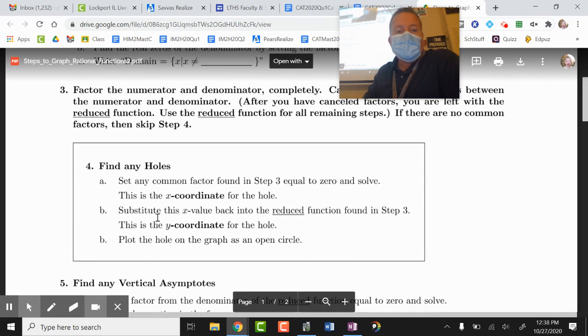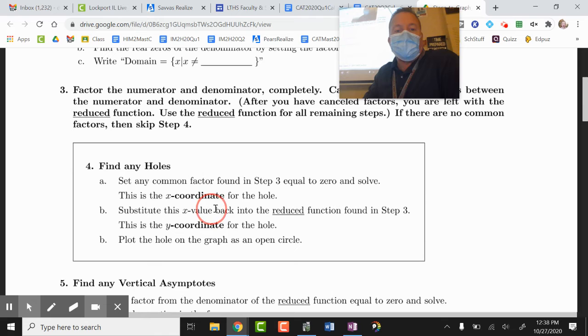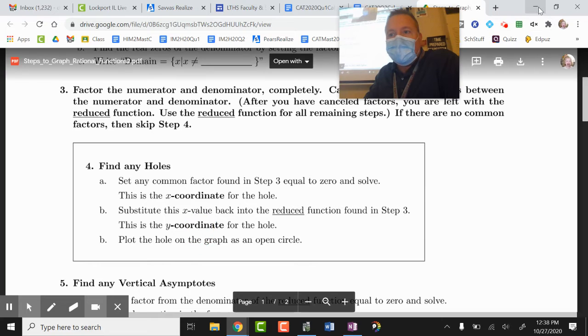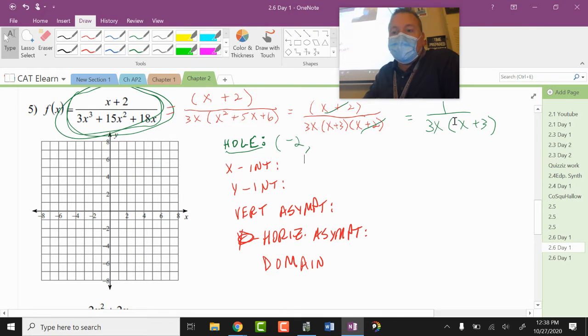Finding any holes? Substitute the value back into the reduced function in order to find the y coordinate of the hole. See, -2 comma exists for this graph, but it can't exist for this one. So that's why we're going to find it, but then make it a hole in this graph. I know that may seem confusing, but that is why we do what we do.